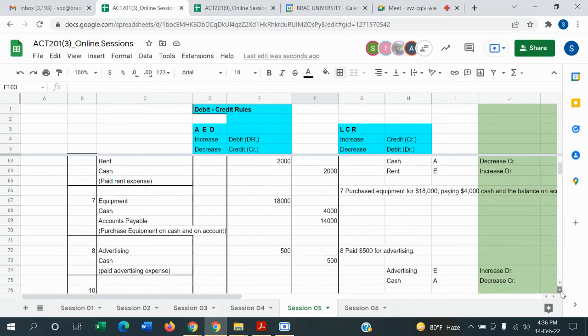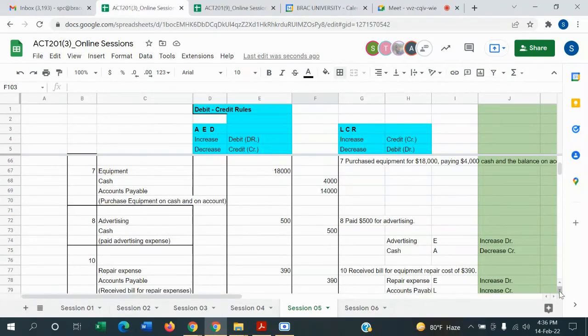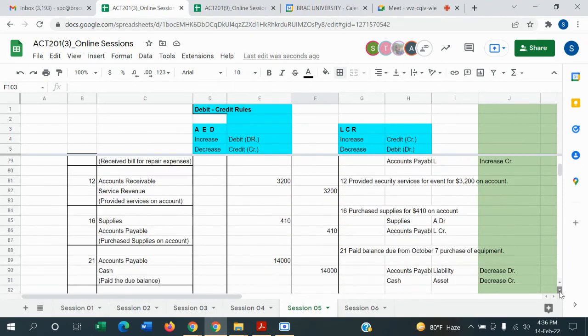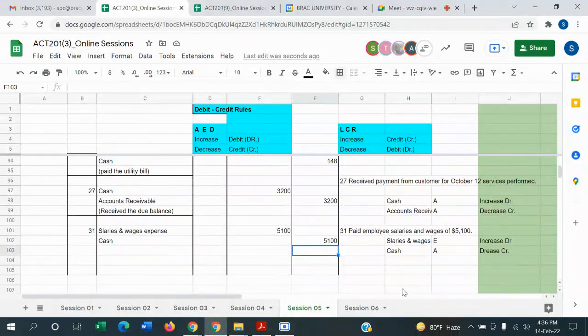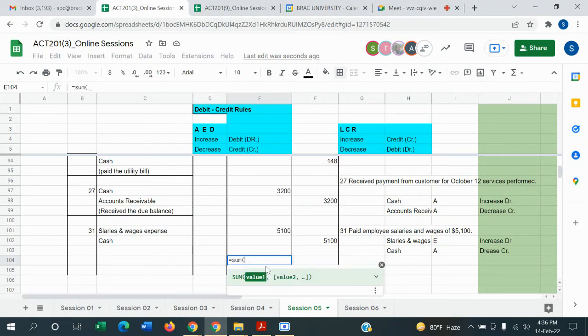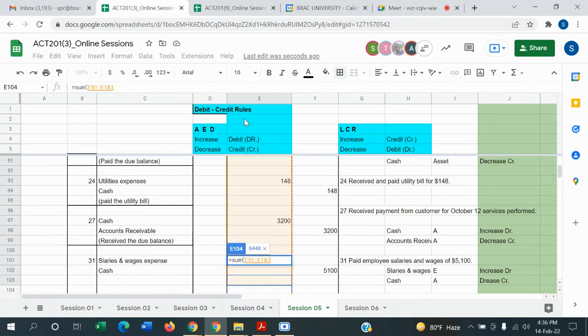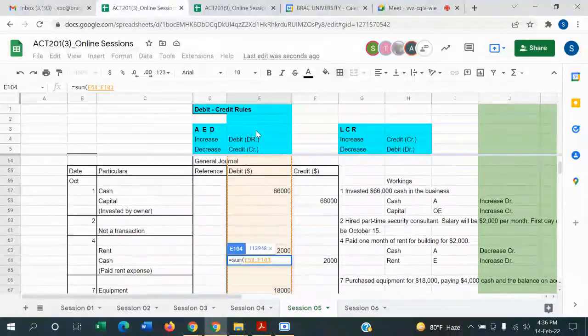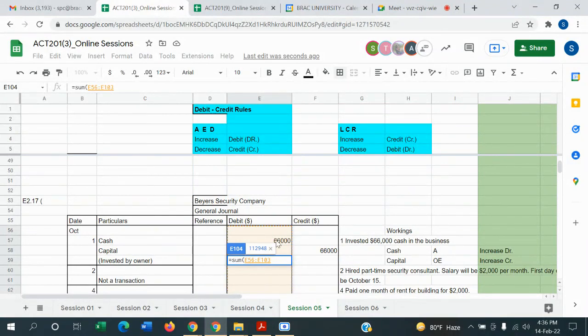After recording to the journals, at the end we have to make the total of the debit column and credit column.